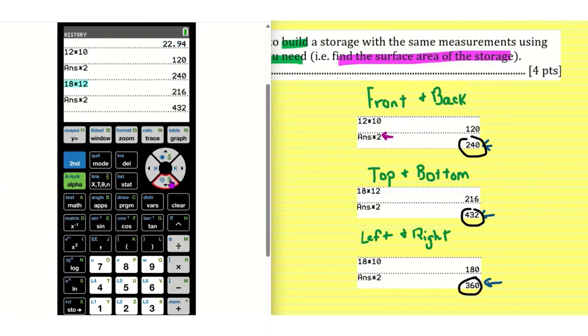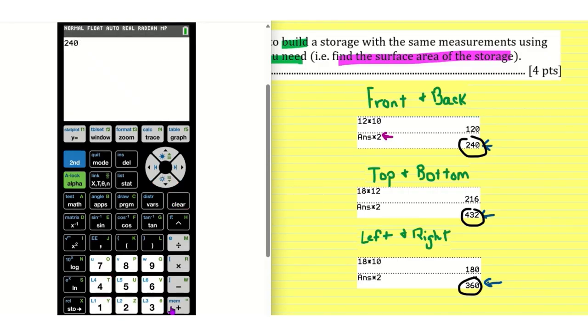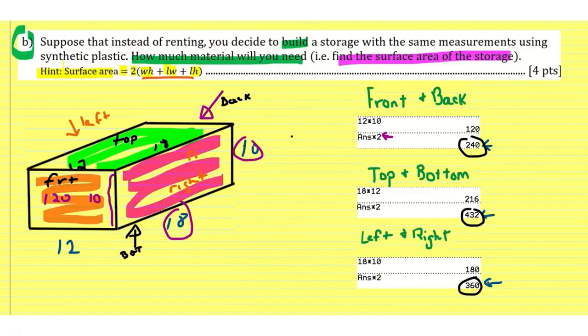Let's get a clear screen here. Okay, so we're going to do 240 plus 432 plus 360, and that gives us a total of 1,032. So that's going to be our total surface area.